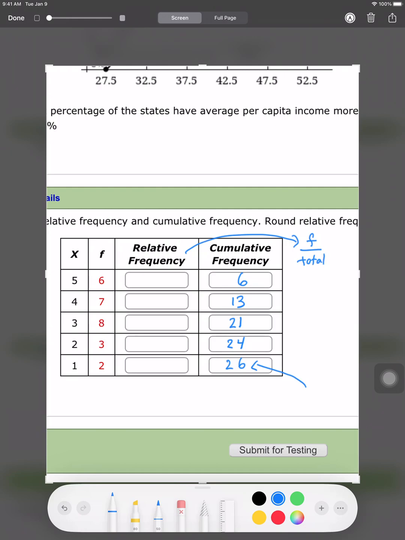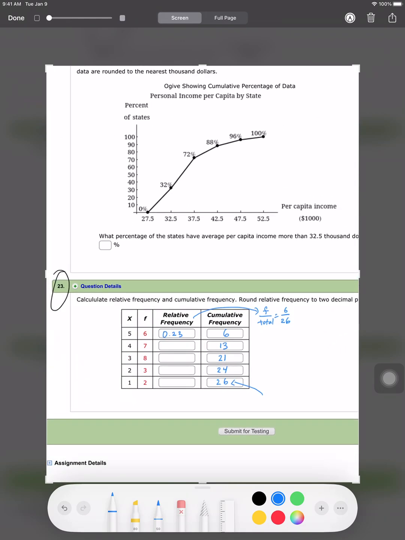For the first one, that's going to be 6 divided by 26. On my handy dandy calculator, 6 divided by 26 is 0.23. Here I am rounding to 2 decimal places. You do need to read the question's instructions.